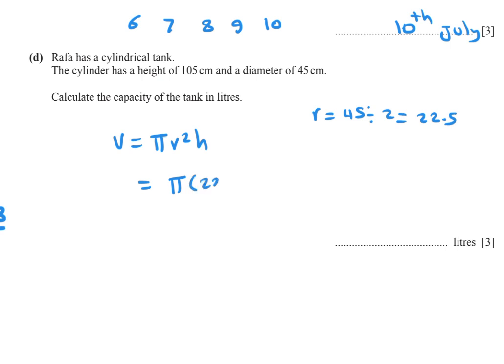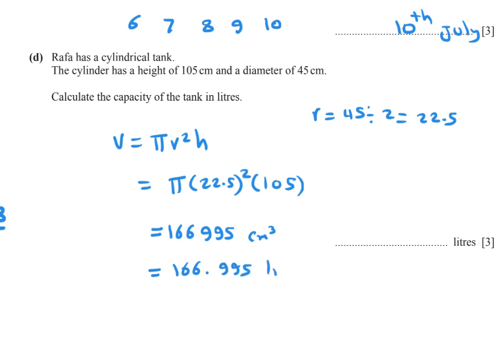So pi times 22.5 squared times the height, which is 105, equals 166,995 centimeter cube to the nearest unit. Now to convert to liters, divide by 1000, so equals 166.995 liters, to three significant figures, 167 liters.